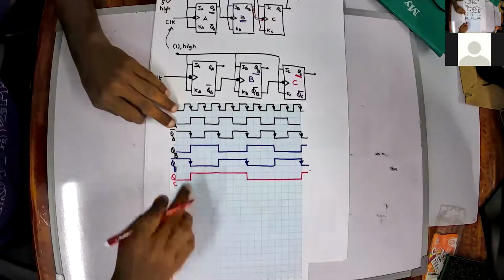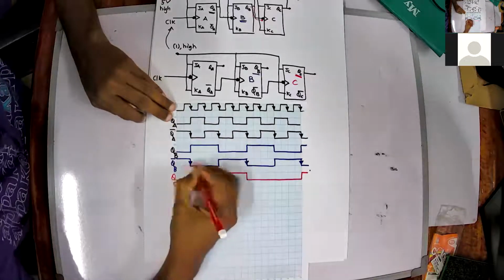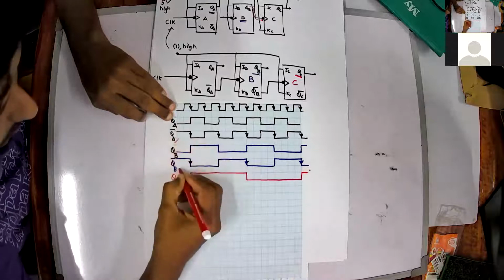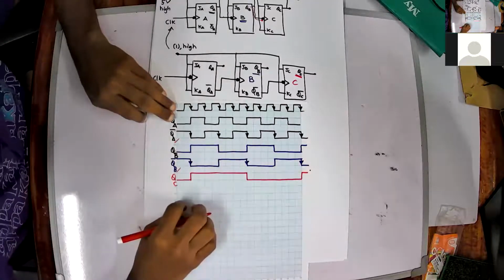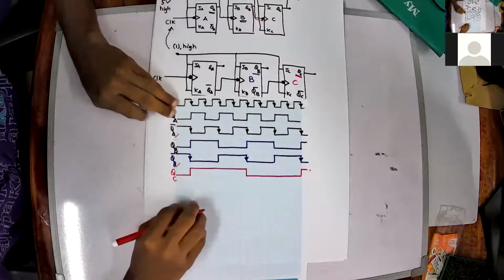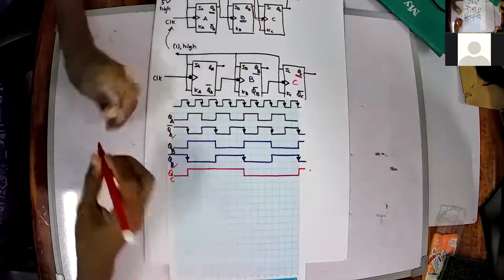Clear, right? Of course, I have drawn QA bar and QB bar to determine the next level pulses, but for my clock pulse calculation, I need only QA, QB, and QC.